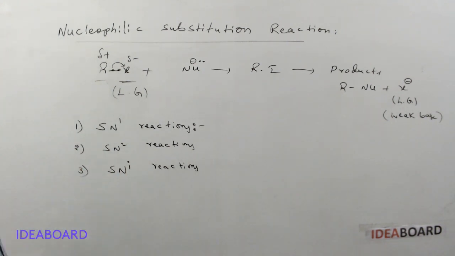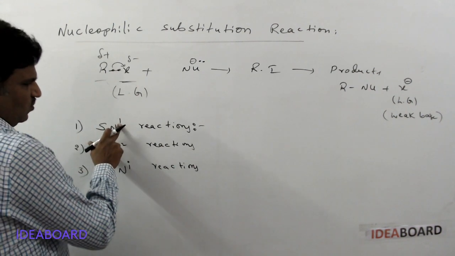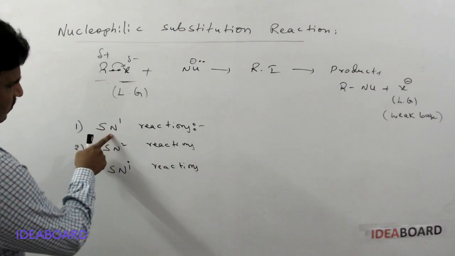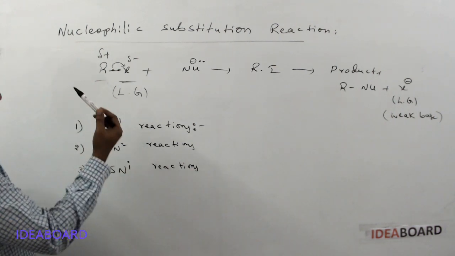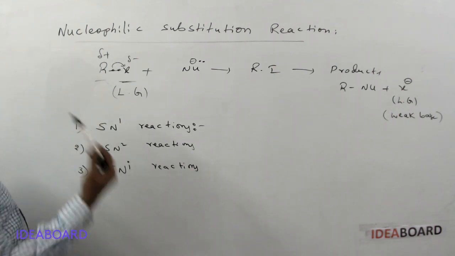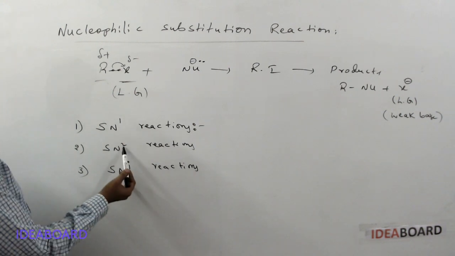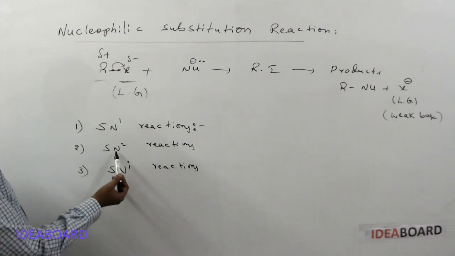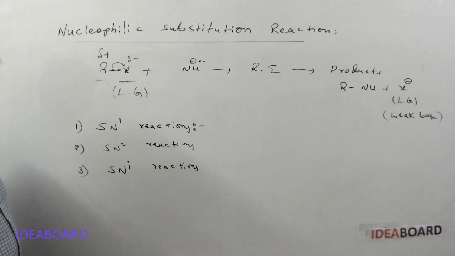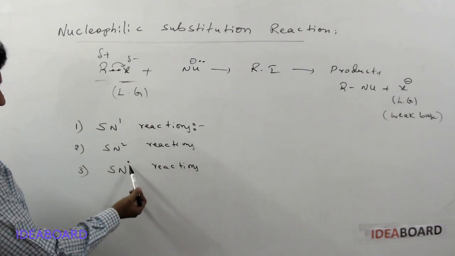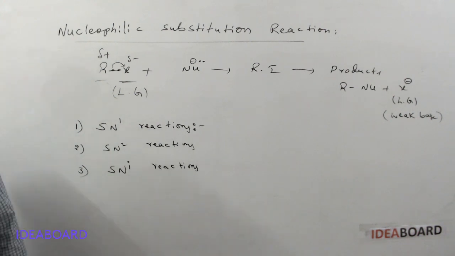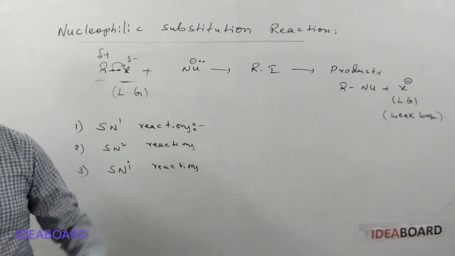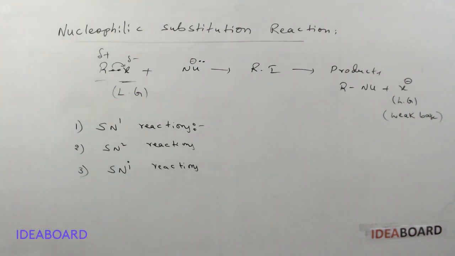SN1 is a unimolecular nucleophilic substitution reaction. SN2 is a bimolecular nucleophilic substitution reaction. SNi is an intramolecular or internal nucleophilic substitution reaction. First we will discuss the SN1 reactions.